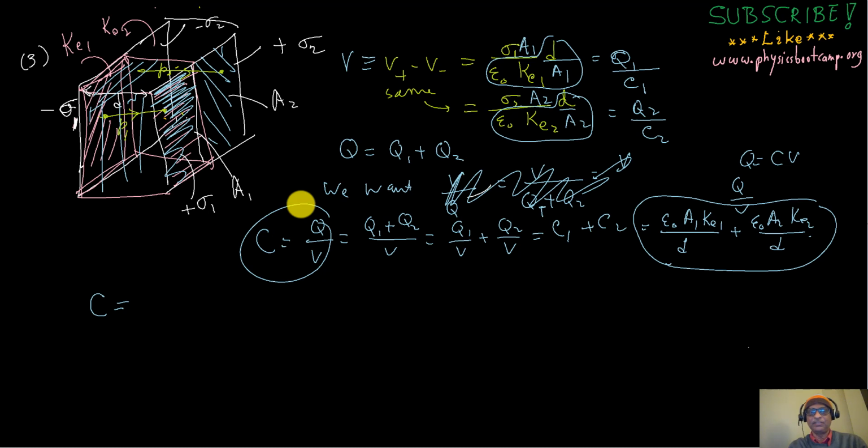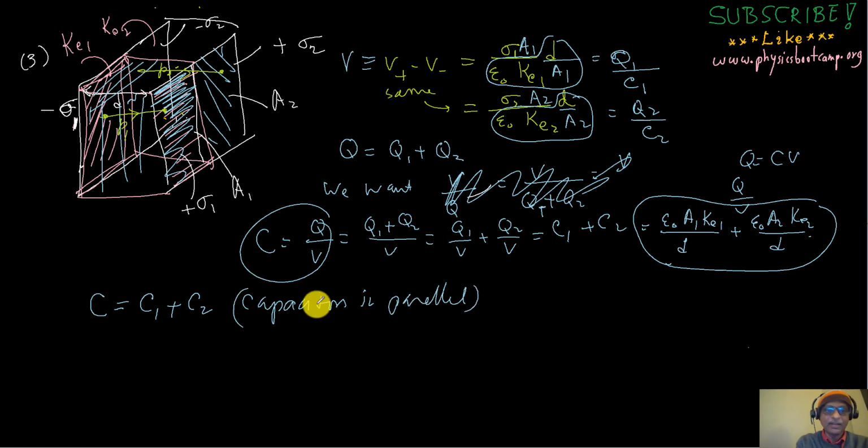You can think of these two capacitors as being in parallel. So like this capacitor were parallel, then C is as if I had two of them added together. So this is also called capacitors in parallel, unlike the other previous example, which was in series.